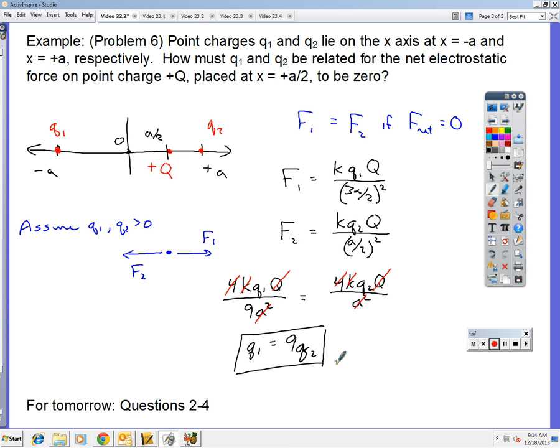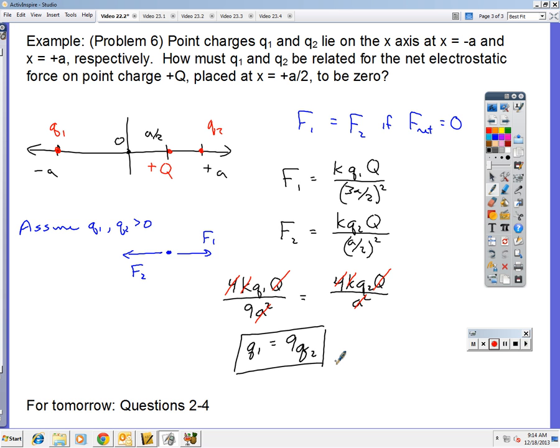First off, it tells us what we already know, that q1 and q2 have the same sign. It also tells us that q1 is 9 times as big as q2, which makes sense because it's 3 times farther away. Force goes as the square of the distance, so if you triple the distance and want to keep the same force, you need to increase the charge by a factor of 3 squared, or 9.